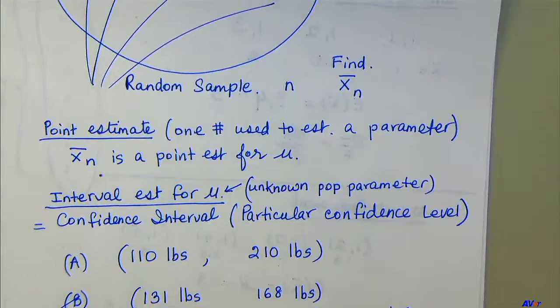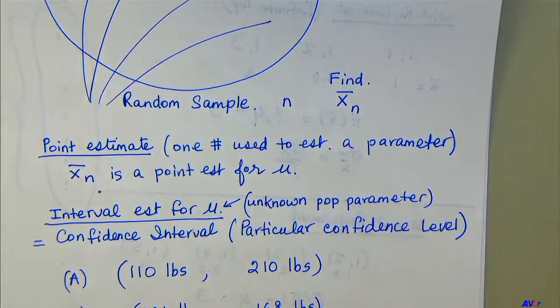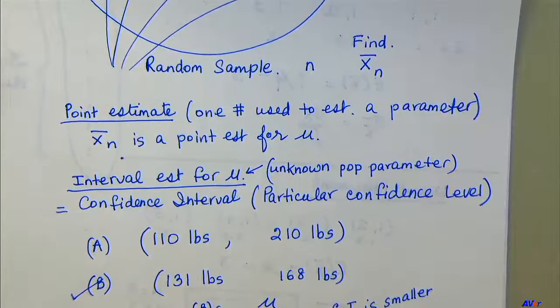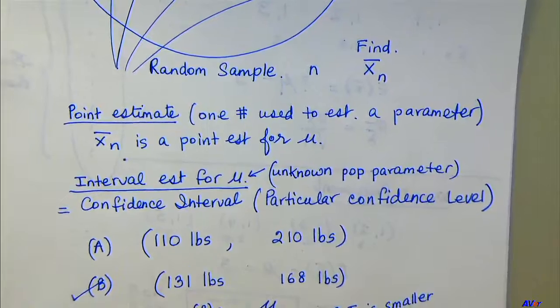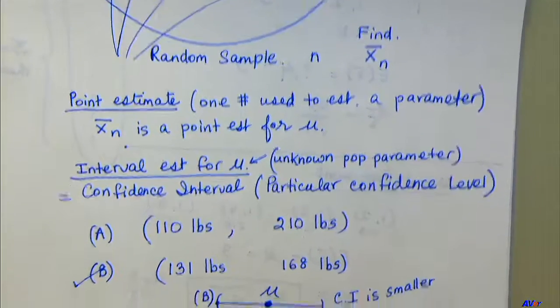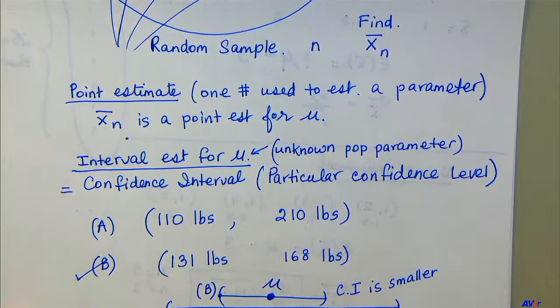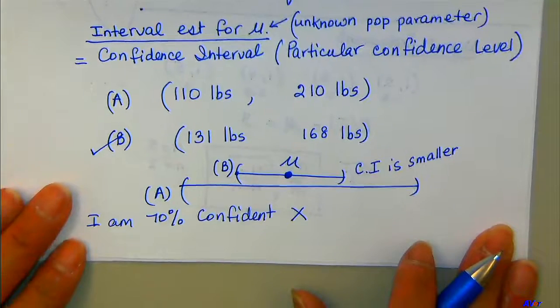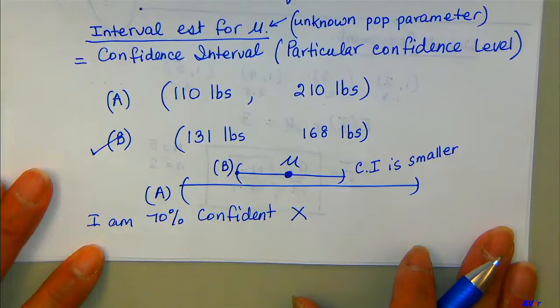Not only does the confidence interval have to be kind of small, but the confidence level needs to be high. So saying that I am 70% confident is no good. 70% confidence is not very confident, right? So 70% confidence level is not desirable.